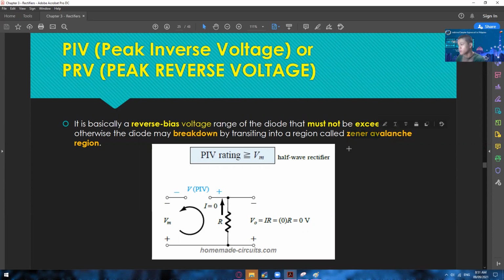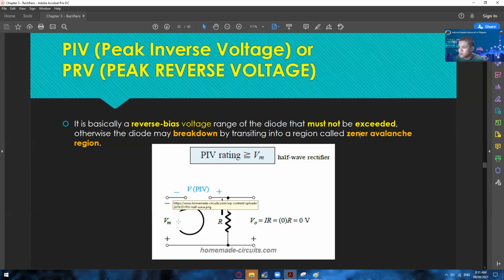As a result, it will now allow a flow of current in that diode. That is what we call the leakage current. Supposedly current won't be able to pass through that diode, but since it is made for that situation, once it exceeds a certain value of peak inverse voltage, or reverse bias voltage, it will permit a current, which is the Zener avalanche region.